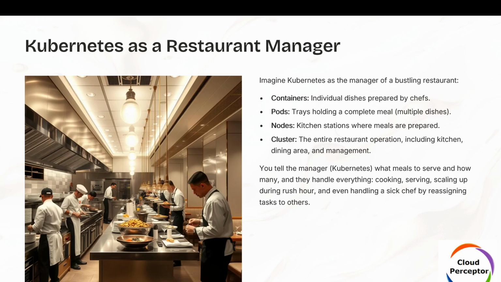Next comes nodes, which are kitchen stations where meals are being prepared. And next is the cluster, where the entire restaurant operation, including kitchen, dining area, and management, are there. So you tell the manager, Kubernetes, what meals to serve and how many, and they handle everything: cooking, serving, scaling up during rush hour, and even handling a sick chef by reassigning tasks to others.